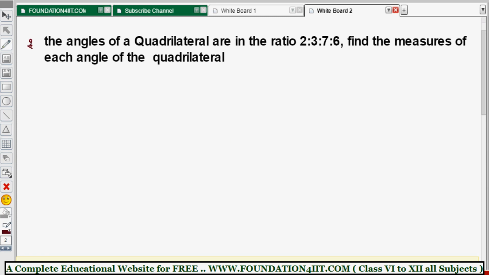Fine. So this is a given question. So using the same concept, let me show you this solution. We know the sum of the angles in a quadrilateral is 360 degrees. This is the ratio 2:3:7:6, then let the angles be 2x, 3x, 7x and 6x, because this is a given ratio, not the angle.